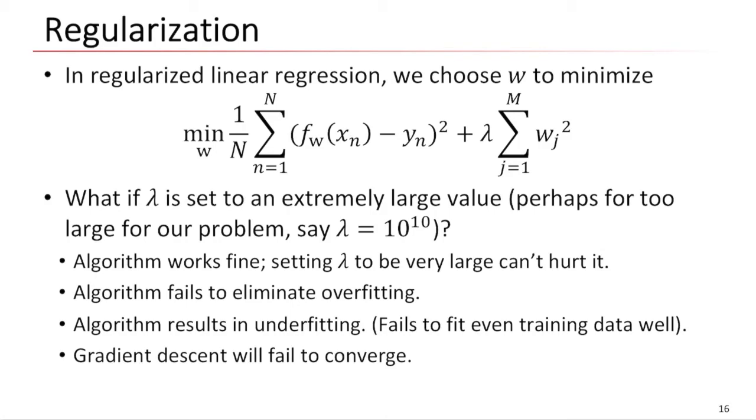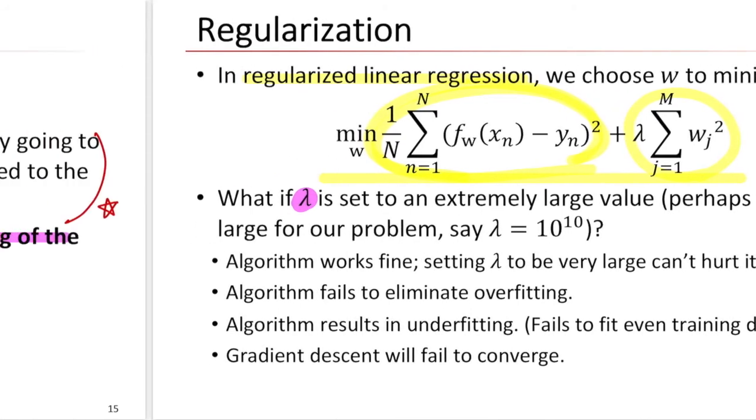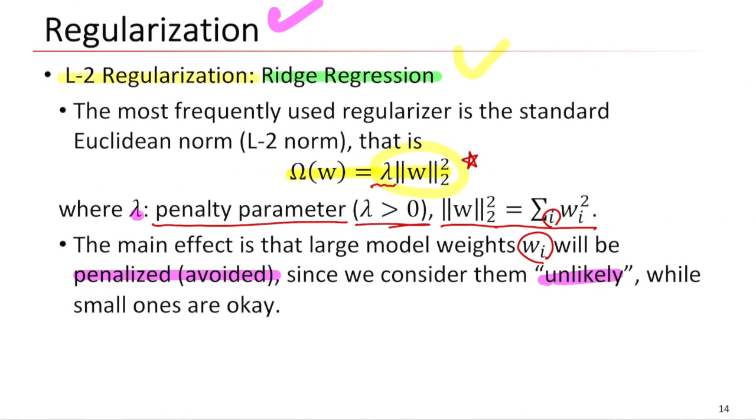Okay, let's move on to another concept. Here is the regularized linear regression problem, with the original linear regression function plus some kind of regularization term. So here is the optimization. What was lambda?